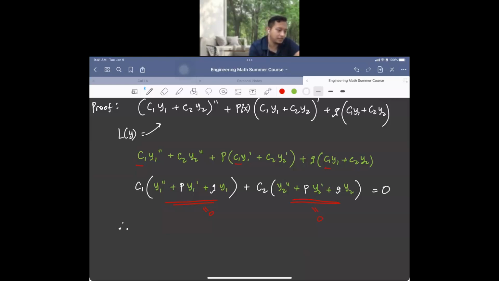So that means the solution can be proven correct: C1 Y1 plus C2 Y2 can solve the differential equation.